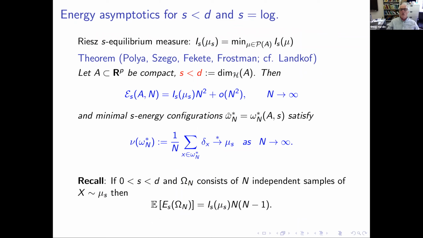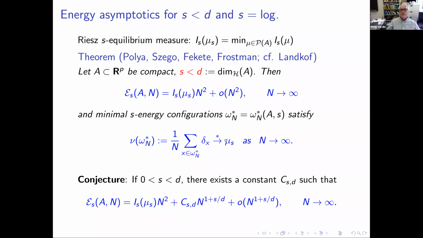It also follows in much more generality than I've got here, for general F, that when you have a unique equilibrium measure, the empirical measures for minimizers, the n-point minimizers, must also converge in the weak star sense to this minimizing measure.